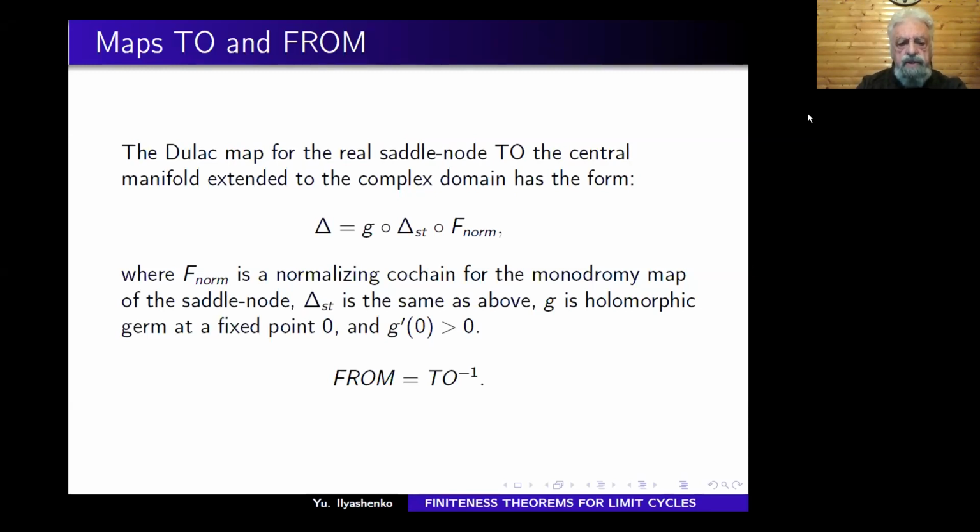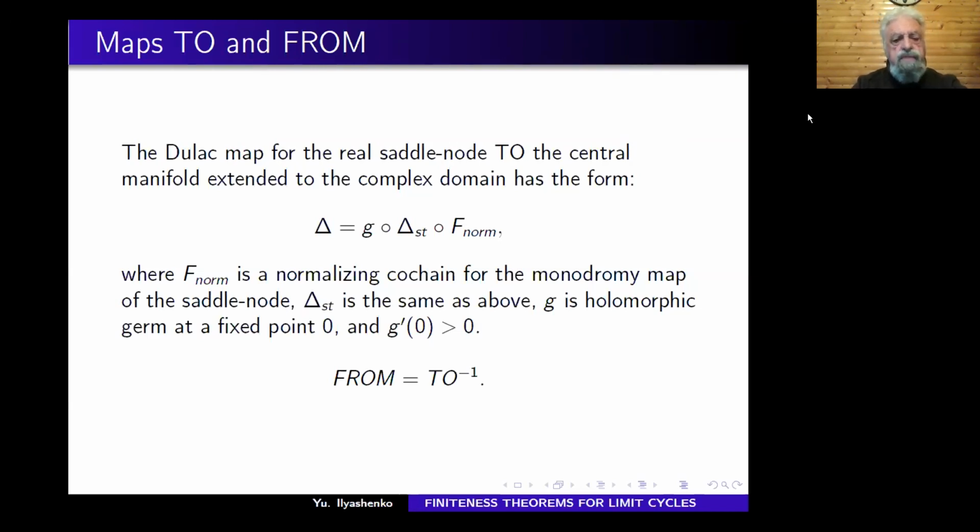In fact, it is composed with some semi-regular map, but this is not so important. And G is a holomorphic germ at a fixed point 0, not necessarily real on the real axis, but with positive derivative at 0. And the mapping from is inverse to the mapping to the central manifold.